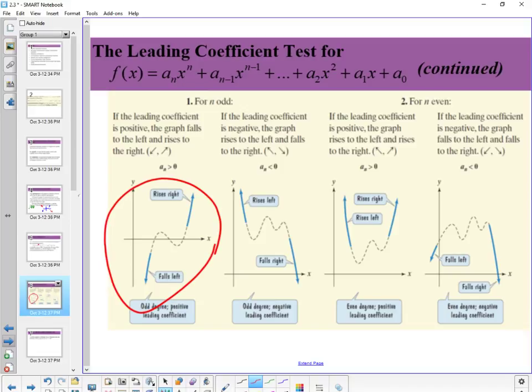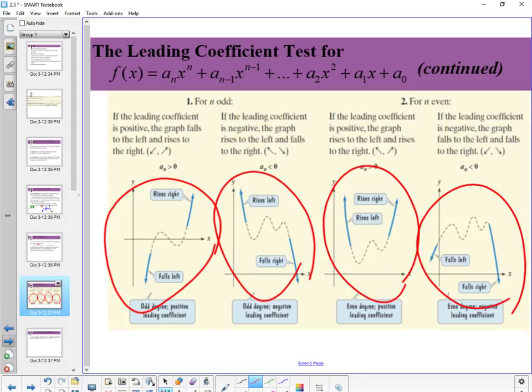It's odd. What about the other one? Odd. What about this one? It's a negative even. Good. I was going to throw that in there. So they're very predictable. Wow, really? Yeah, they are. There's not very many options for end behaviors. Okay? Questions on end behaviors?